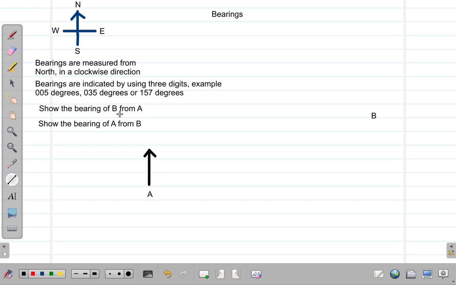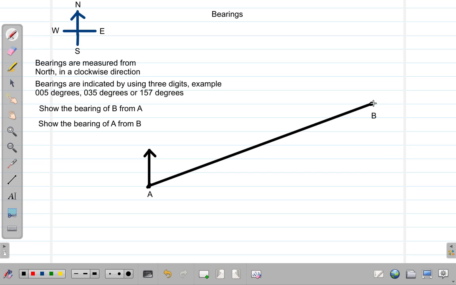Now, since it's between A and B, you're going to have a line drawn between A and B. Say B is right there. Right? We can indicate the position of A as a spot right here, and then the position of B as another spot. B is exactly right here. Alright?